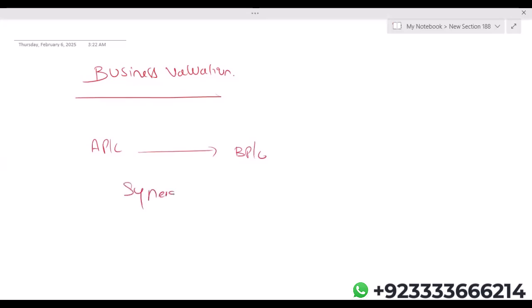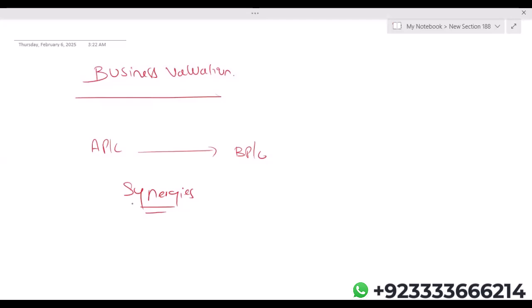So the main reason of one organization buying another company, getting the control of another company, is to get the benefit from the synergies. It is not always that APLC is taking over BPLC. There could be a merger, where A and B just merge together. Again, the main reason of acquisition and merger is synergies.